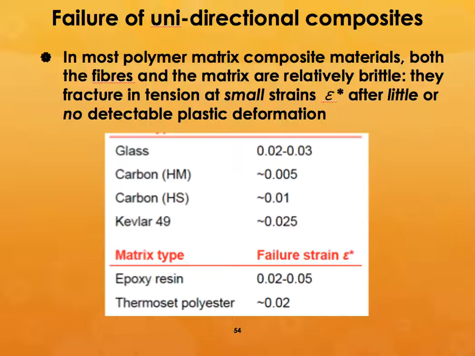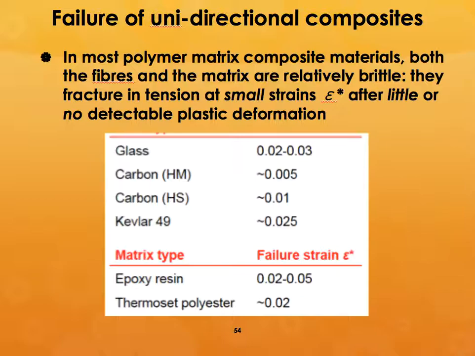So this is the most simple one. You also have the isostress condition, which has a slightly different type of definition and derivation. But the simplest one is the isostrain condition.